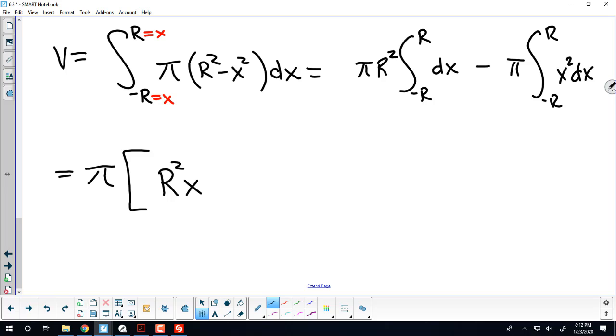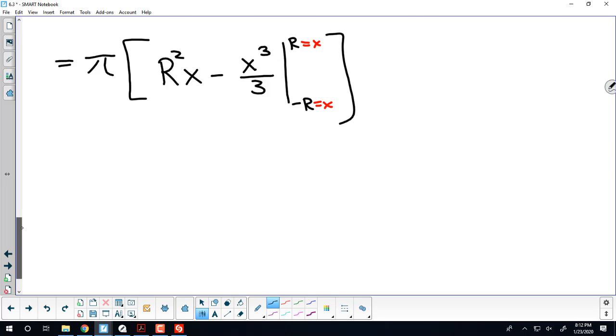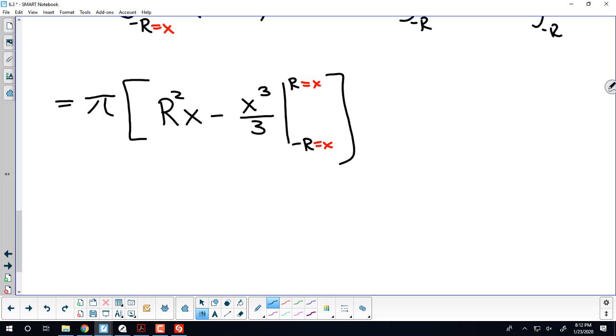Yeah, so R squared is just a constant, so we just tack on the x, and we have the antiderivative of x squared. We're evaluating that from an x value of negative R to an x value of positive R, and pi times all of that. So everywhere we've got an x, we're going to plug in a capital R, and then subtract off all of that with a lowercase r.